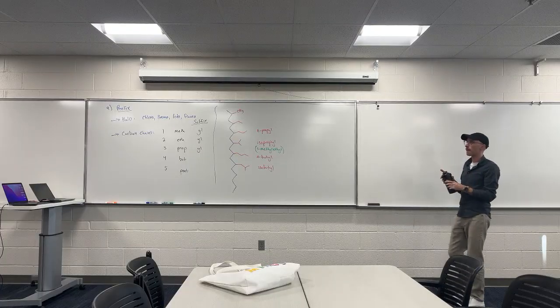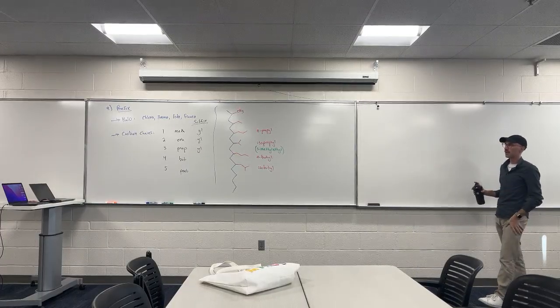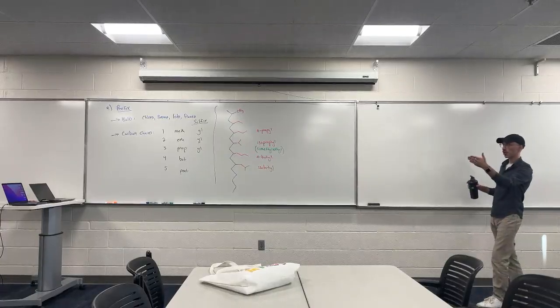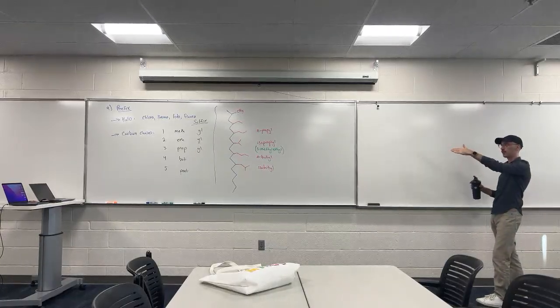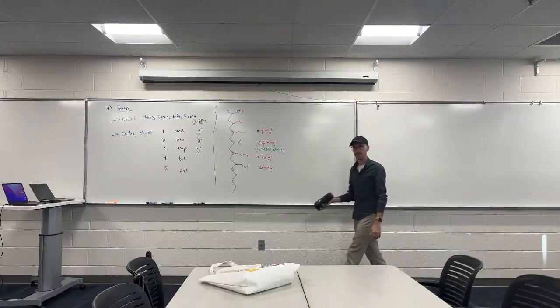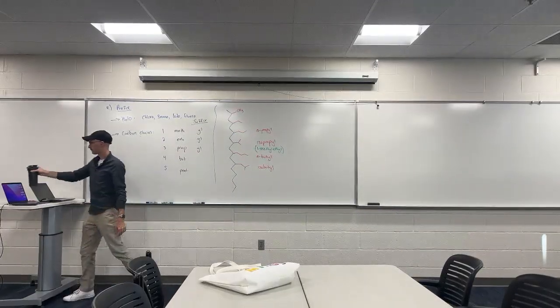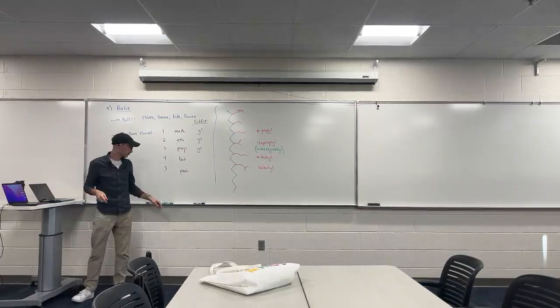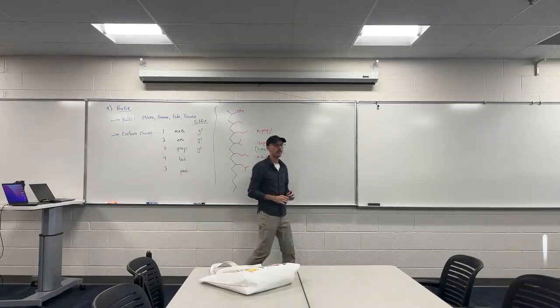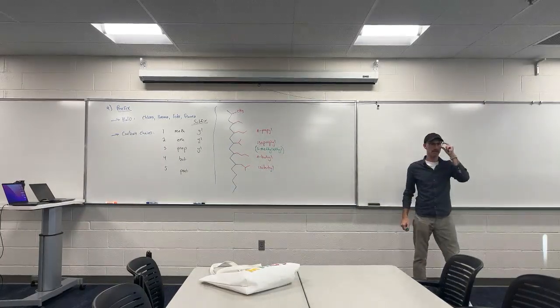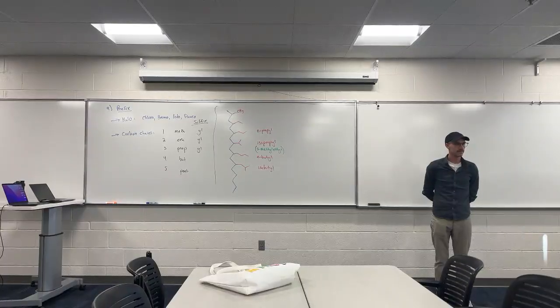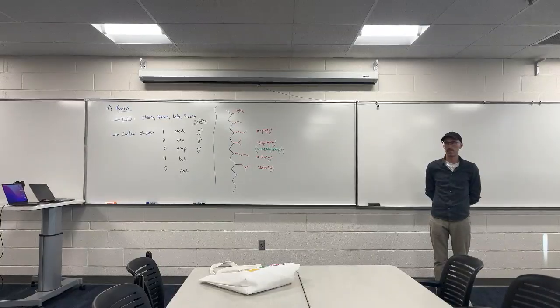Then, what number is that substituent coming off of? Is it the first carbon from the parent chain, the second carbon from the parent chain, the third carbon? By the way, this is how I kind of encourage you to name it, is work backwards. Find that longest part, then find the name coming off of it, then find the number to describe it.